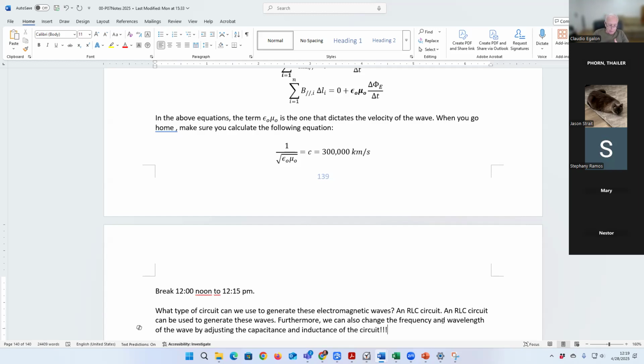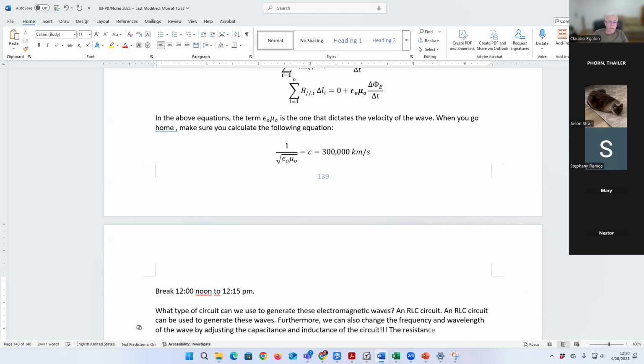And the frequency and wavelengths of these electromagnetic waves can be changed just by adjusting the inductance and capacitance. The resistance doesn't affect the frequency of the circuit.